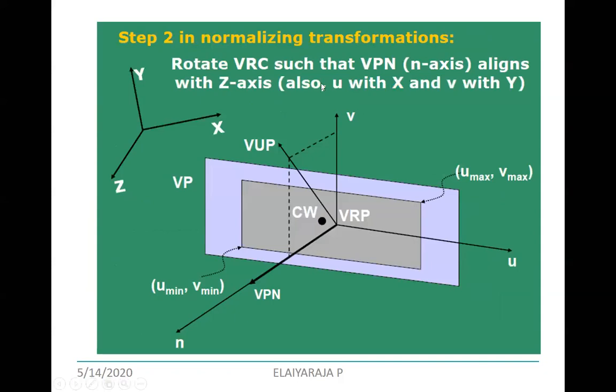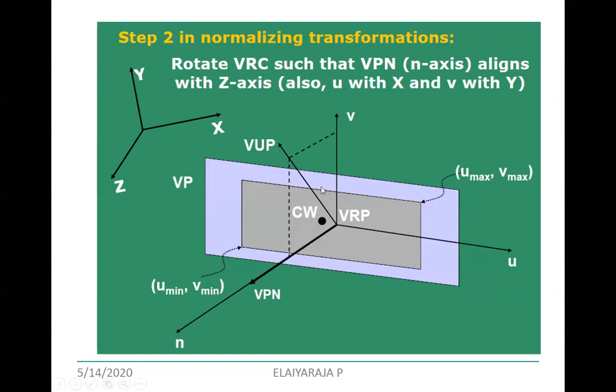So step 2, you do the normalizing transformations, where you rotate the view reference coordinates with respect to the z axis.